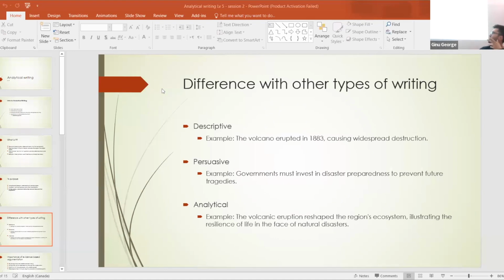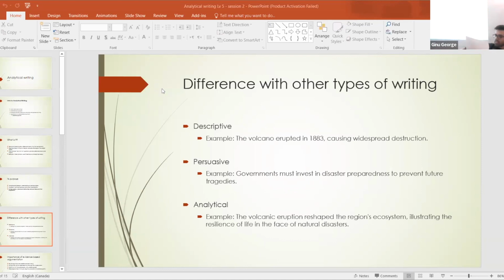In a persuasive type of writing, an example would be making a statement like, the volcano erupted in 1883, causing widespread destruction. That's a pretty straightforward descriptive claim.